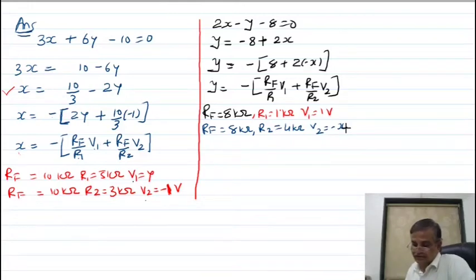Rf 8 kilo ohm, this is 4 kilo ohm, this is minus x, so you will get this value. On the basis of this you can design a circuit in this way. Look here, on the basis of this, we can use an inverting summing amplifier this way.